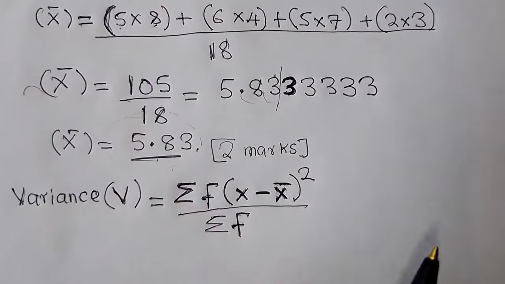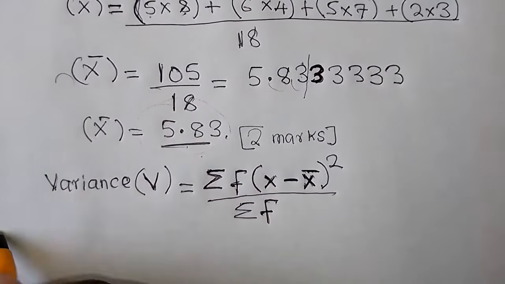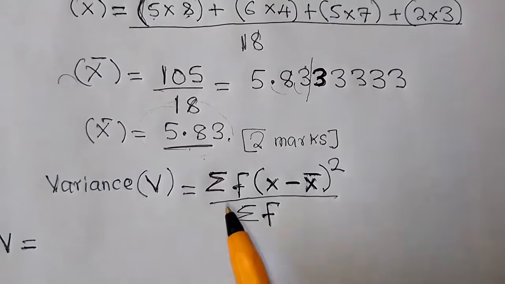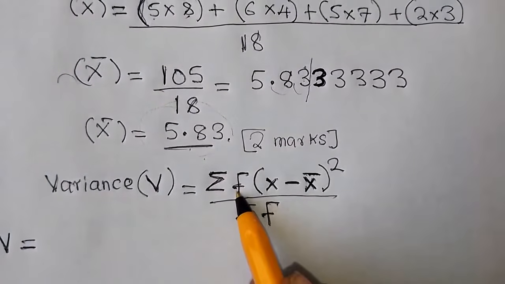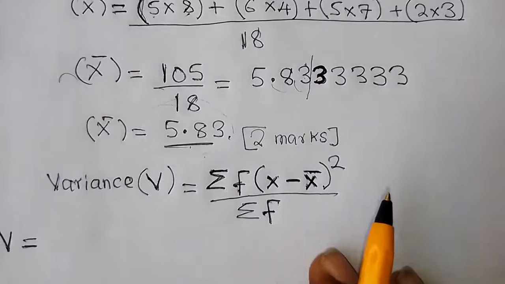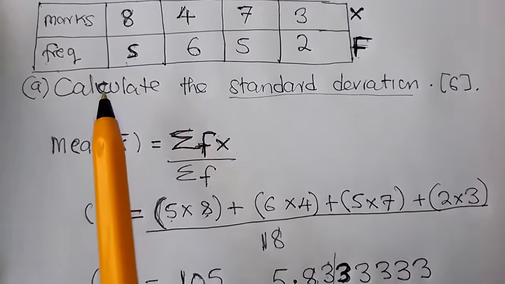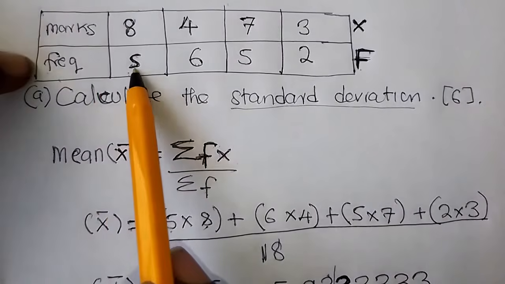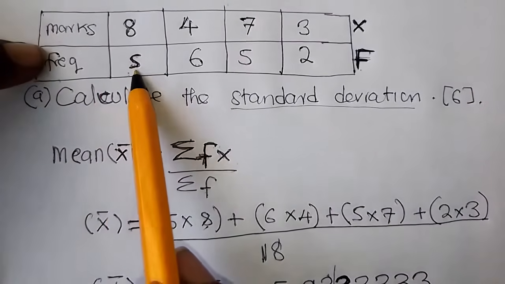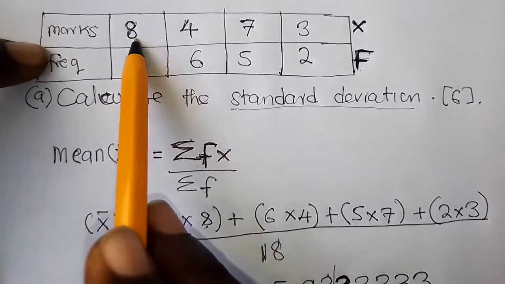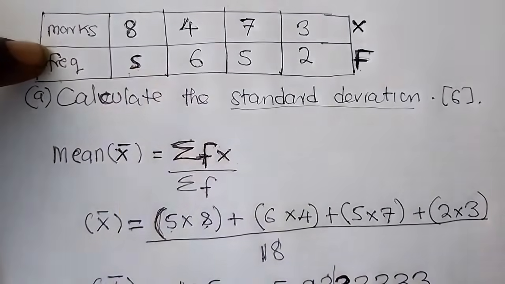So I'll say V, variance, is equal to now. The first one is what? Frequency. So you check your table. Where is your table? This table. The question is saying what? Frequency, open bracket, x. So just be doing like this.